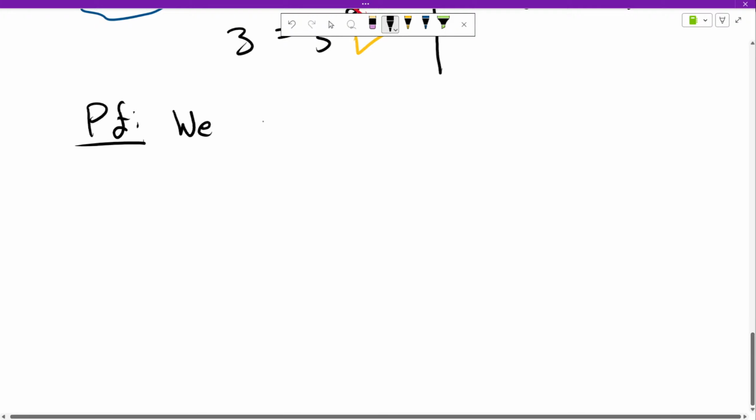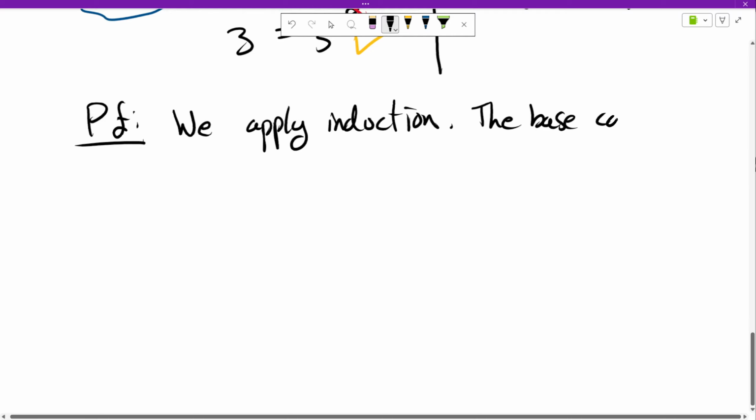In math, we always say "we," because we do things together. I do nothing alone. We can say we apply the principle of mathematical induction, but since this is a presentation, I'm just going to say we apply induction. The base case is where we start, and that's the first instance. For us, that's n equals 1.